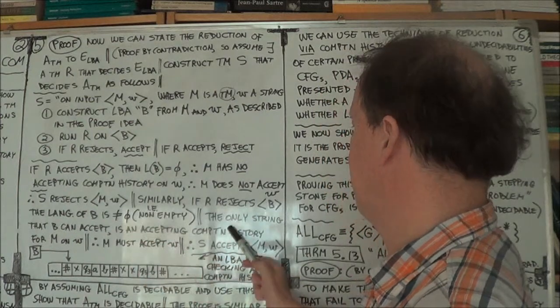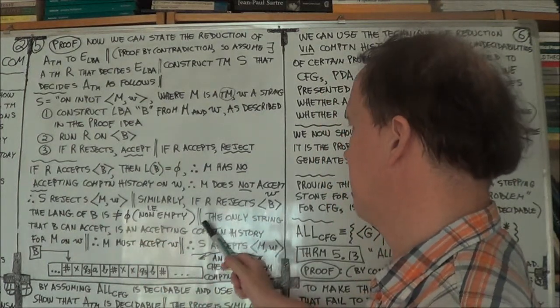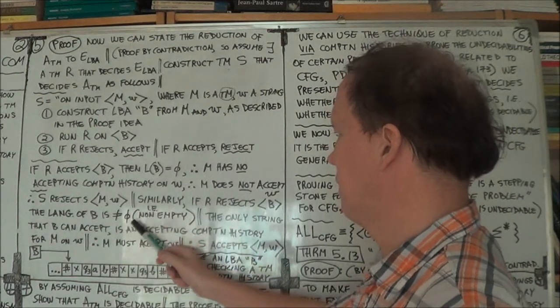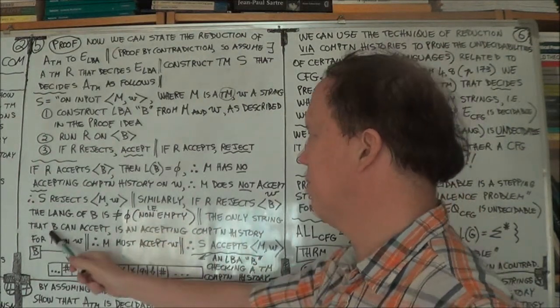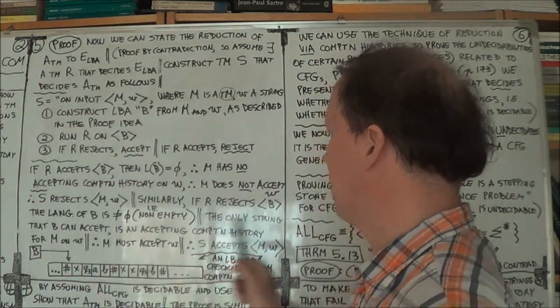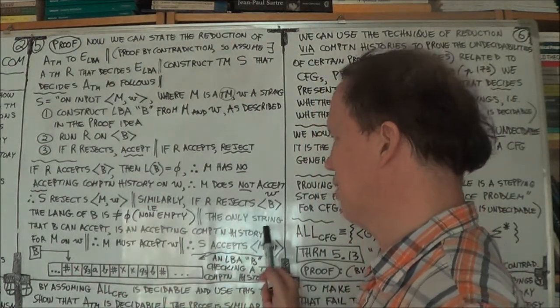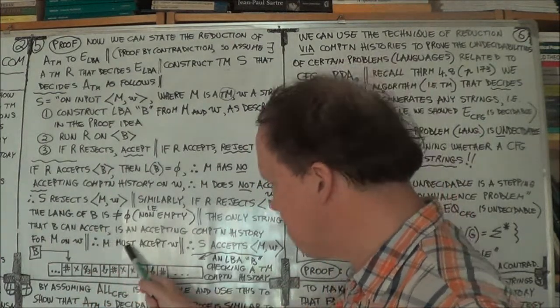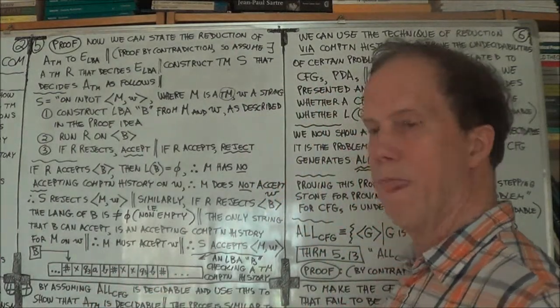So the only string that B can accept is an accepting computation history. So that means that M accepted W. Therefore M must accept W.